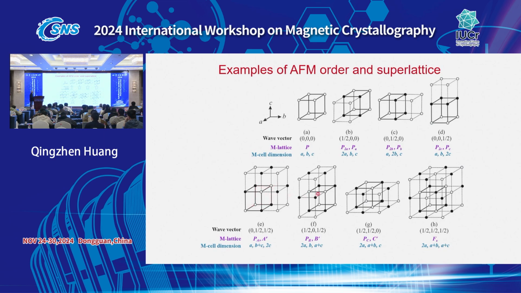And those also happen in a different way. For other magnetic orders, you can also change the unit cell. So we call this a double, triple, or super magnetic unit cell.